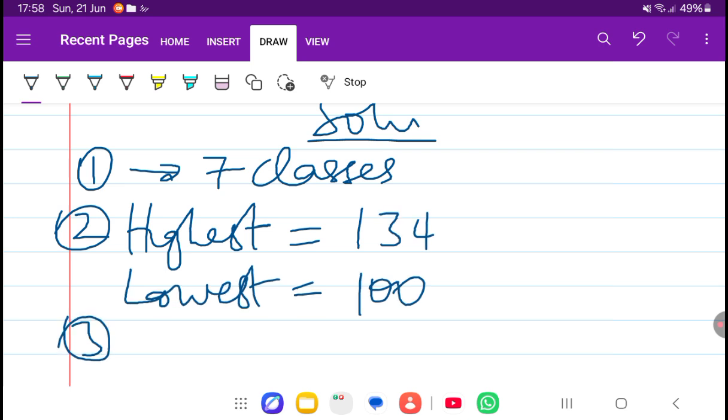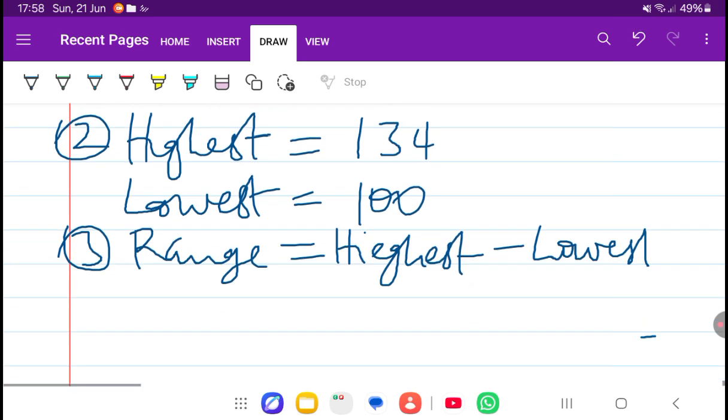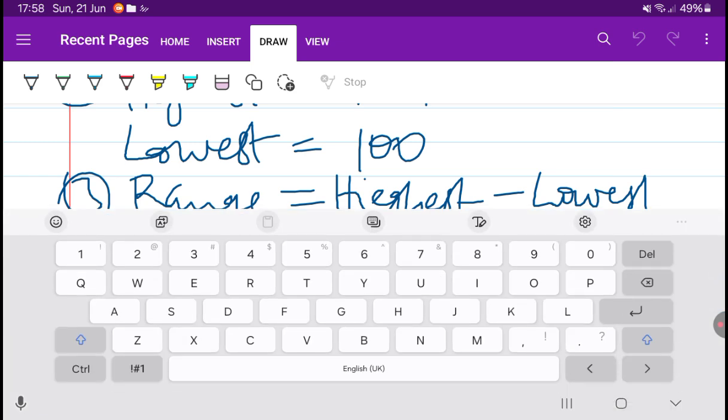we compute the range. We get the range, and we say the range is the highest minus lowest values. Highest minus the lowest values.